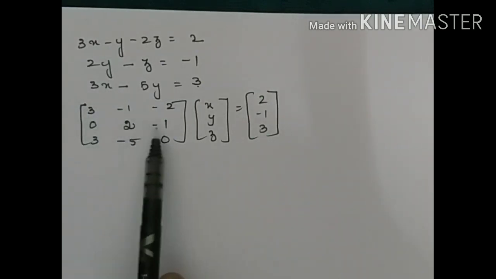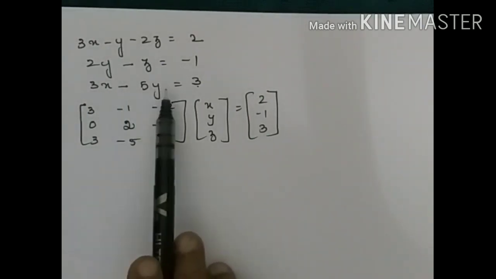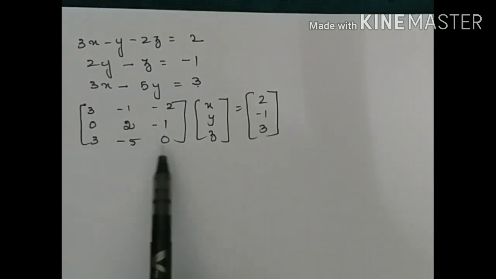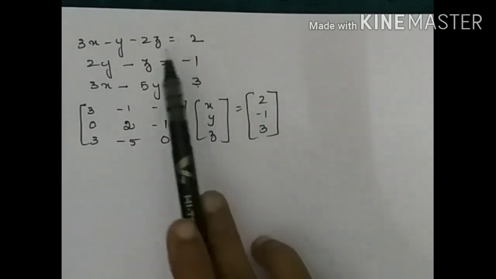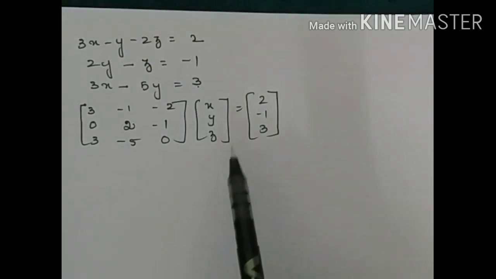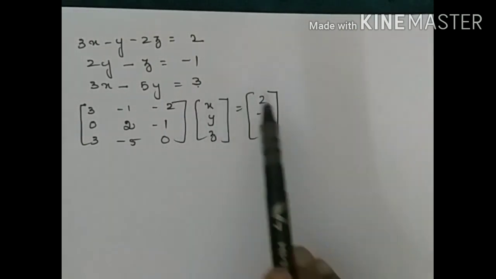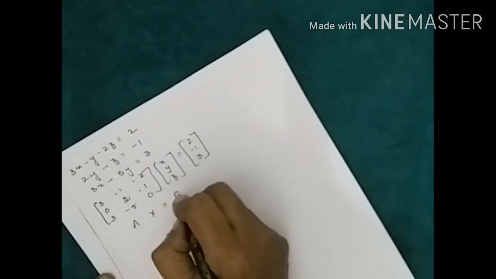So 0, 2, minus 1. Here no z. So 3 minus 5, 0. Okay, because there's no z here, we put 0. Then the variables x, y, z. Then the constants 2, minus 1 and 3. So this is the matrix form. So we will write this as Ax is equal to B.